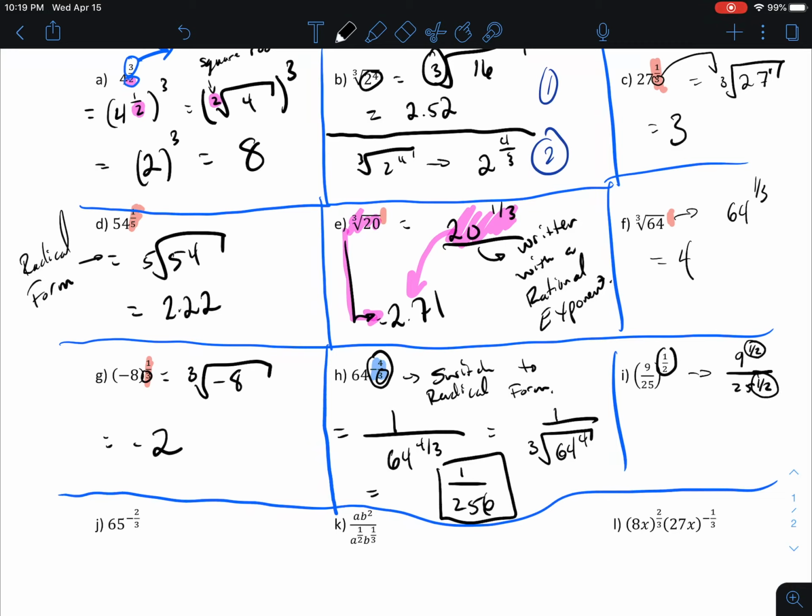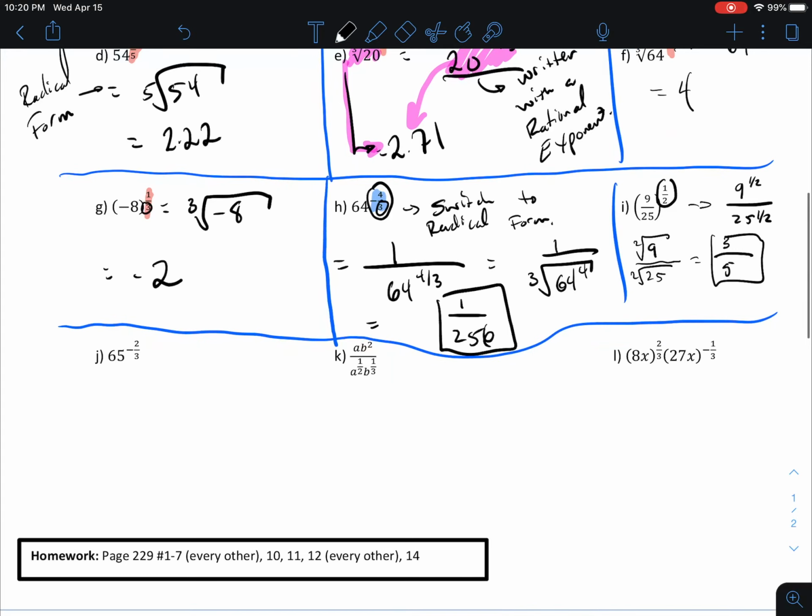Then from there, remember the 1/2 means the square root, because if I were to rewrite both of these, 9, I could put the 2 in the hook. 25, put the 2 in the hook. So the square root of 9 is going to be 3, and the square root of 25 is going to be 5. So there's your answer, 3/5. Okay? Getting there. And then you guys will have some questions to do.